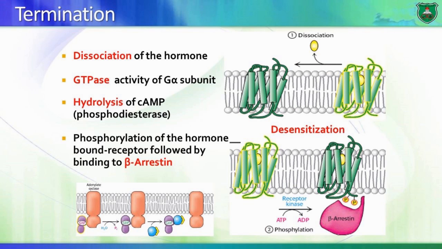And when the receptor is phosphorylated, it's bound to a protein known as beta-arrestin. And beta-arrestin makes the receptor, even if it is ligand bound, inactive. So you can see the light. When there's light, it means that the receptor is active. Okay? So arrestin inactivates the receptor itself. So there are, again, different levels of regulation as well.